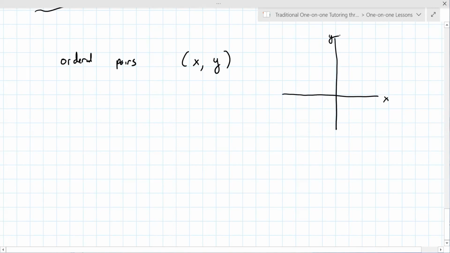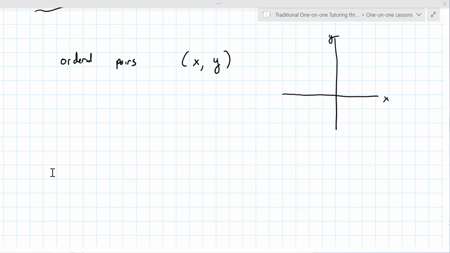To find the distance, you need 2 ordered pairs because you need 2 points to find the distance. Do you agree with that? Yeah. Good. Okay. So let's look at some ordered pairs and see if we can find the distance between them.